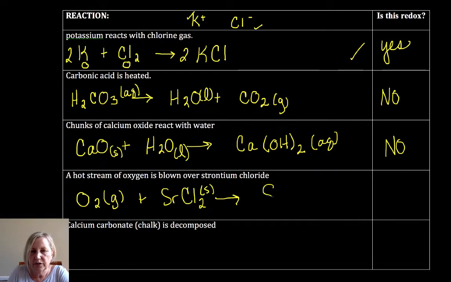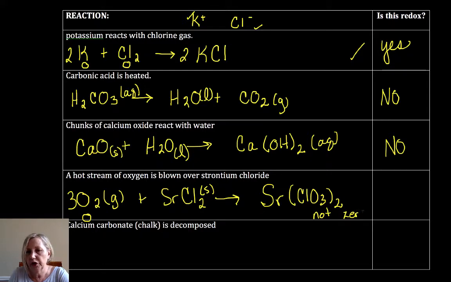So we're going to make strontium chlorate. So I need to put a 3 here to get my oxygens to balance there. Is this a redox? Well, oxygen is 0 here, and oxygen is not 0 in a compound. So for sure you can get that much down if you are not taught how to do specific oxidation numbers.